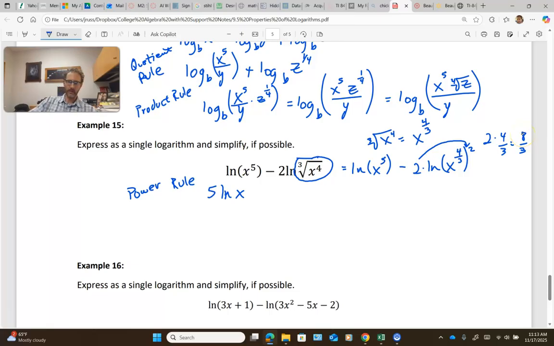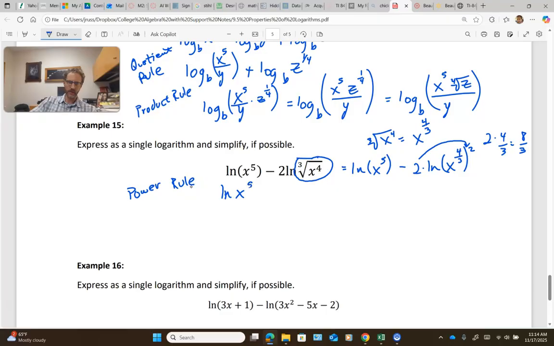So this will become minus, oh, wait a minute, what am I doing? I've got myself disoriented here. If I'm condensing, I just instinctively started to expand this by moving the 5 out, but no, we're in condensing mode. So I need to move the 2 back in, and I need to leave this one unchanged.